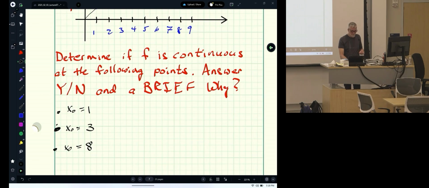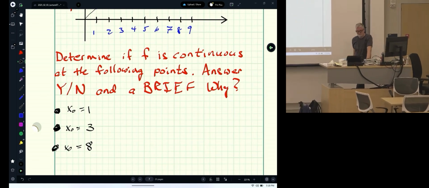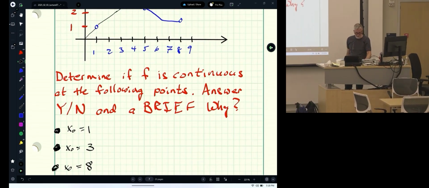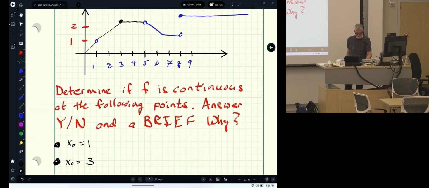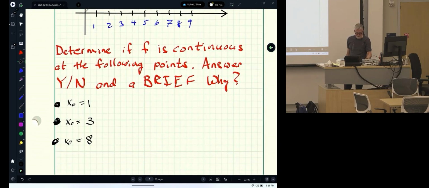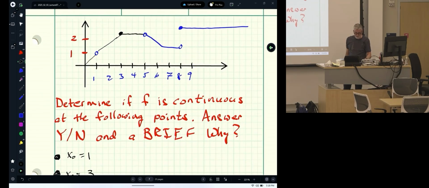Okay, we'll do this and then we'll take our break. So these are just an itemized list, these little dots over here.